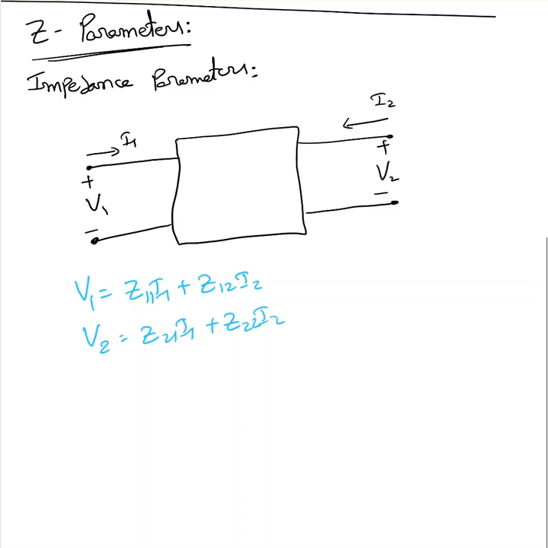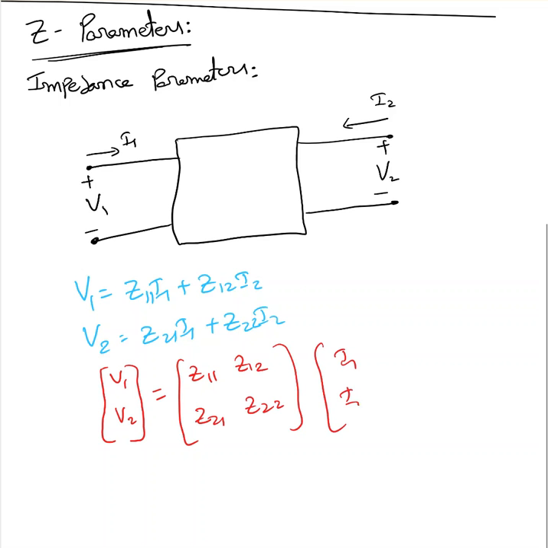Here Z11, Z12, Z21, Z22 are the impedance parameters. Now if I write them in matrix format, I have V1, V2 equal to the matrix Z11, Z12, Z21 and Z22 times I1 and I2. This is the matrix format.